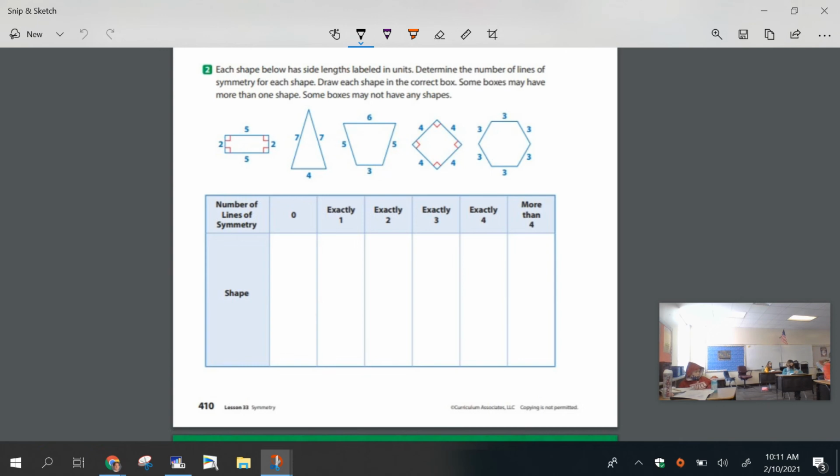There are no shapes on the board that have three lines of symmetry. I thought the hexagon did. Nope, not the hexagon. Which one has exactly four?